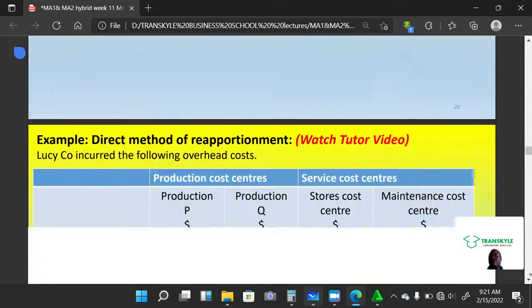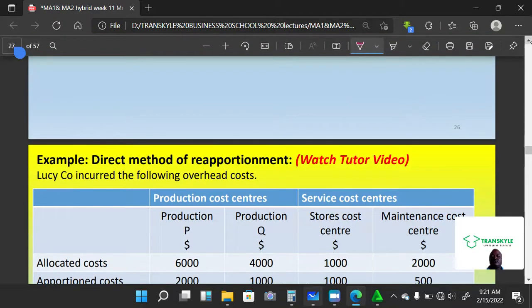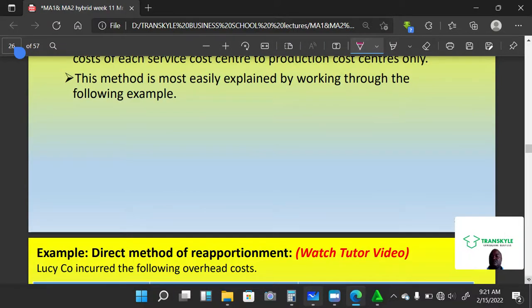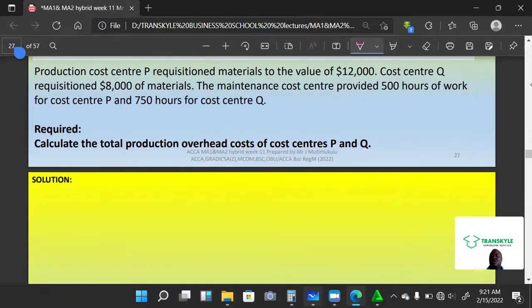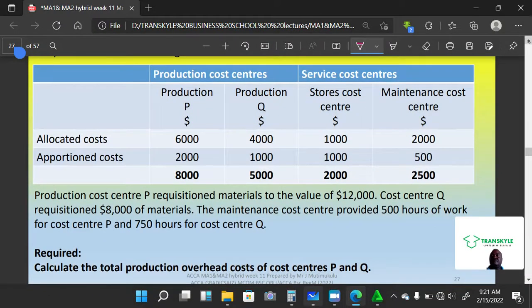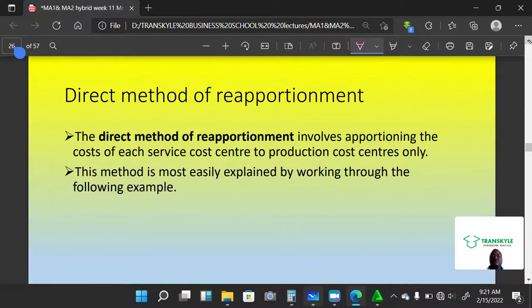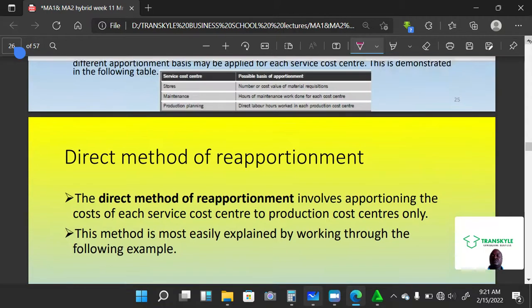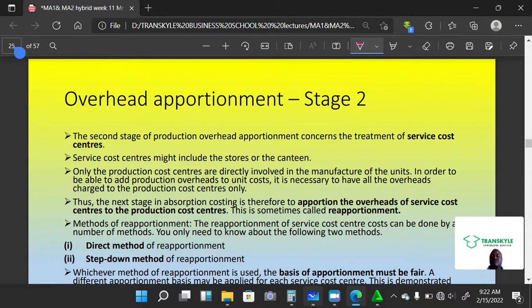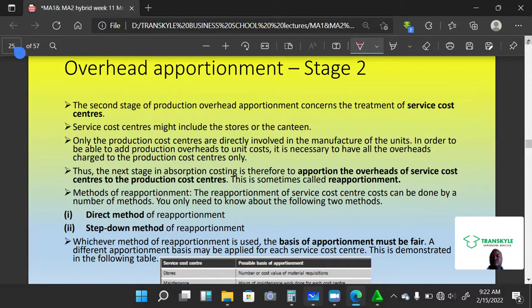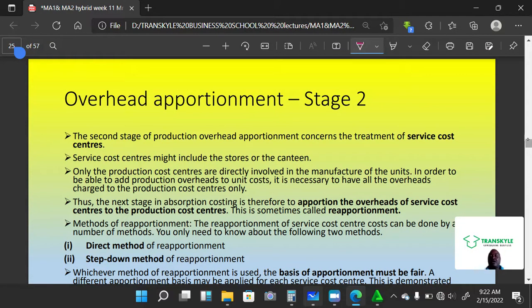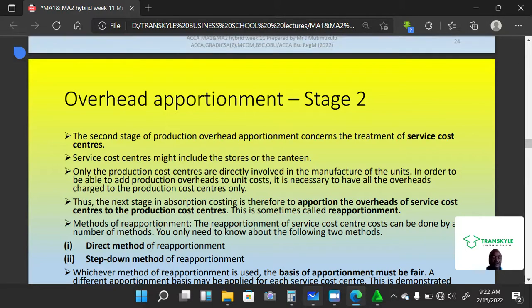Overhead apportionment. The second stage of production overhead apportionment concerns the treatment of service costs.